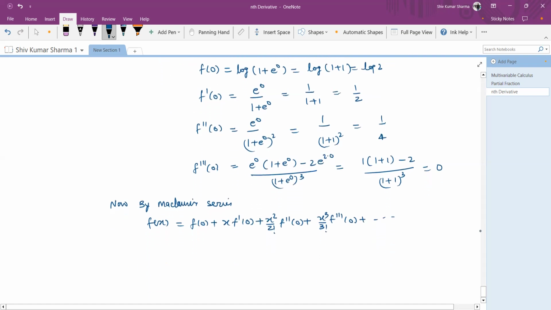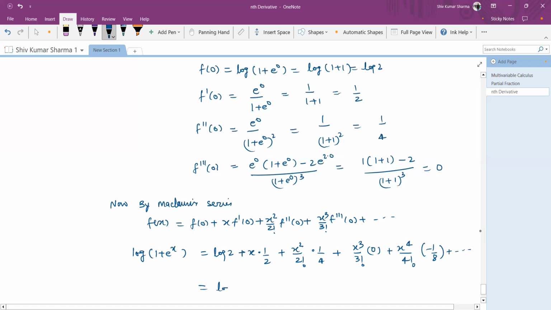So fx, log 1 plus e raised to the power x, is equal to f naught, the value of f naught is log 2, plus x into f dash naught, 1 by 2, plus x square upon factorial 2 f double dash naught. f double dash naught is 1 by 4, plus x cube upon factorial 3 f triple dash naught. This is 0. Next term will be x raised to the power 4 upon factorial 4. The fourth derivative is minus 1 upon 8 when you calculate, plus and so on.